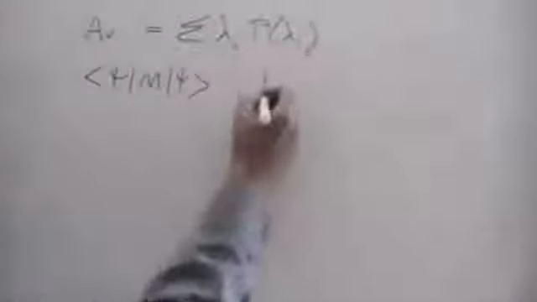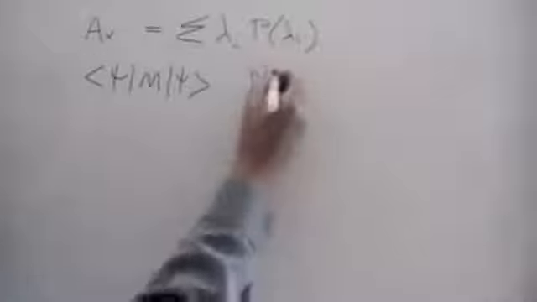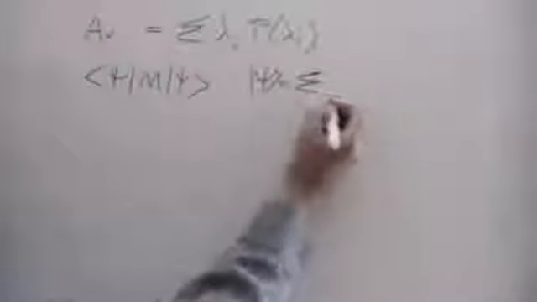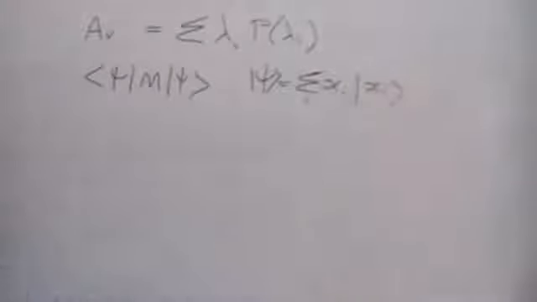You may recall that we used this to show that this would produce a real number if m were Hermitian. We've done that before, but we're going to do something different with it this time. Well, remembering of course that psi is equal to the sum over i of alpha i xi.